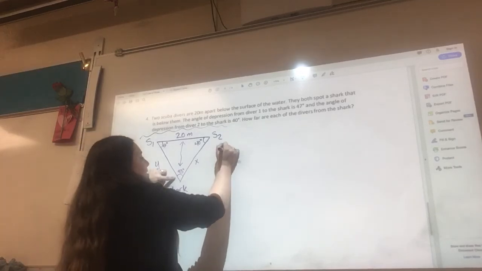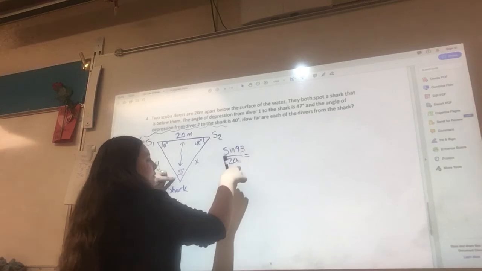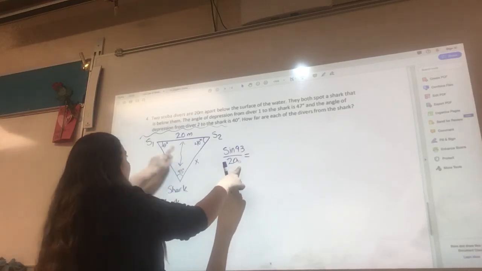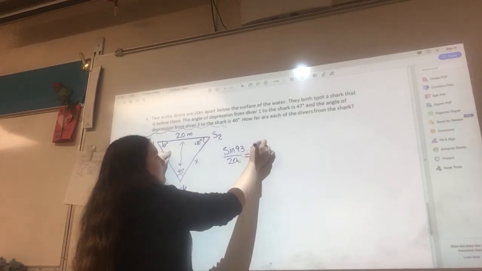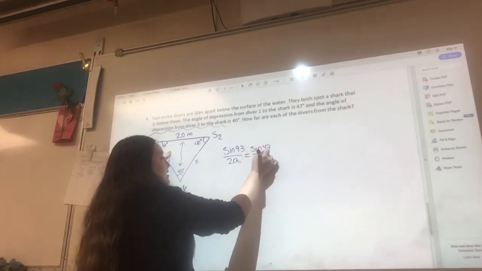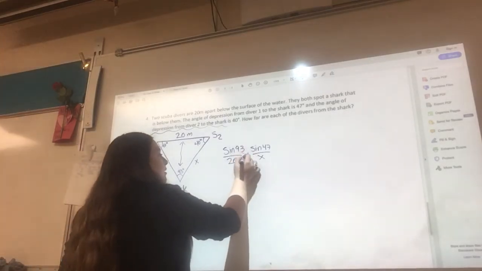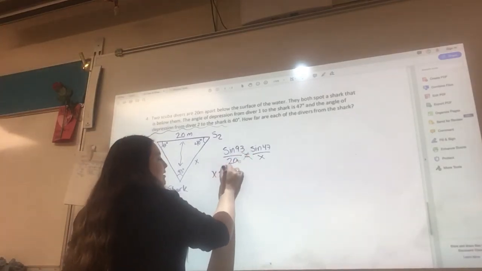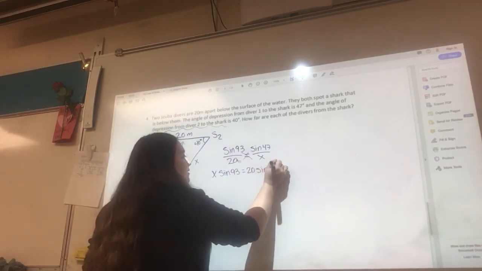We're going to see that sine of 93 all over 20 is what we're going to be proportioning it to. If we're looking at X, we're going to be looking at scuba diver, 47 degrees over our X. And it's just a proportion, so we're going to cross multiply to get X sine of 93 equal to 20 sine of 47.